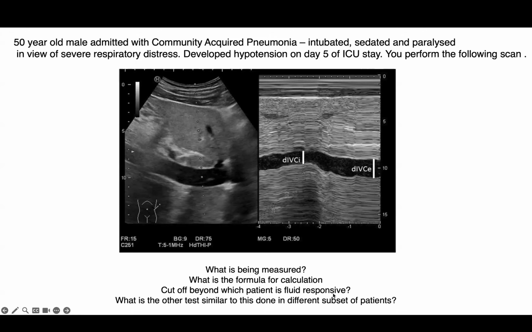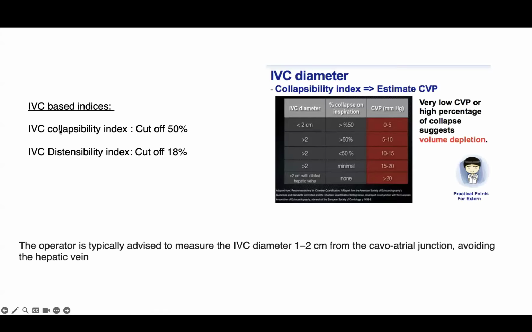That is the IVC collapsibility index, in patients who are spontaneously ventilated. So IVC collapsibility cutoff is 50, distensibility is 18. The operator is typically advised to measure the IVC diameter 1 to 2 centimeters from the cavo-atrial junction, avoiding the hepatic vein.